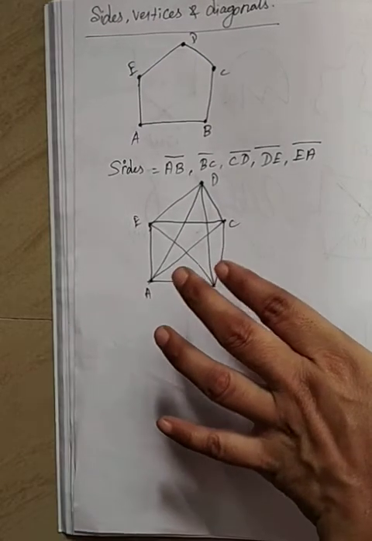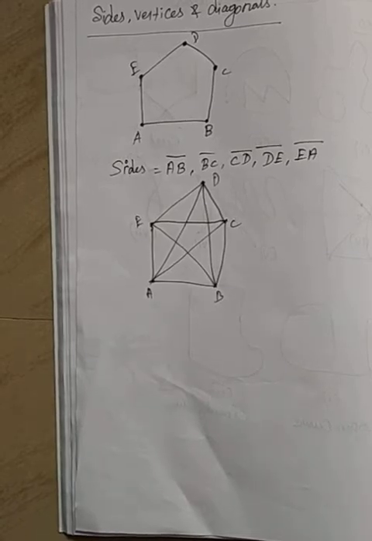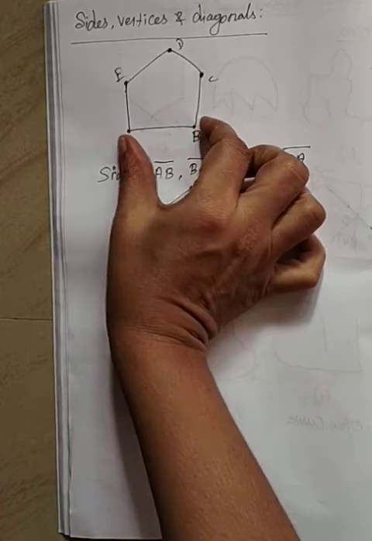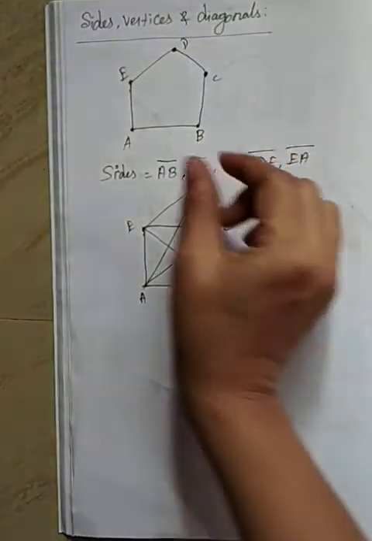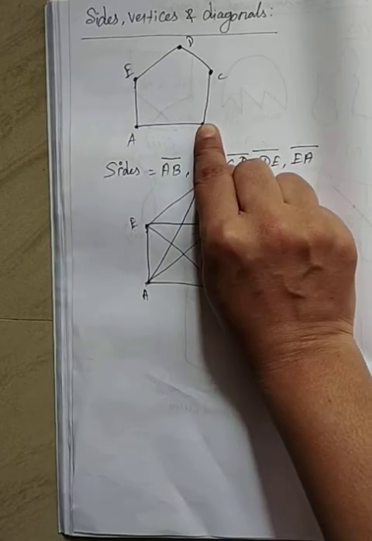Okay, see these figures. Everybody clear? Sides, vertices, adjacent sides and diagonals. For diagonals, first you have to know the adjacent sides. Everybody clear on these four concepts: sides, vertices, adjacent sides and diagonals? This is a side. Vertices means AB, BC, B is the common point.